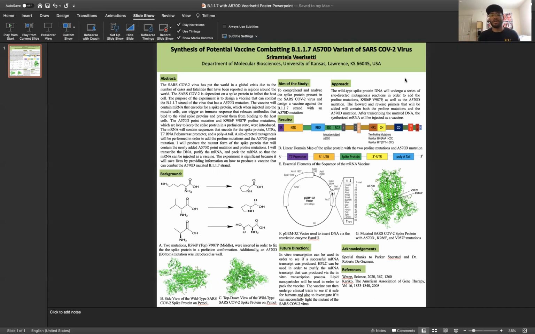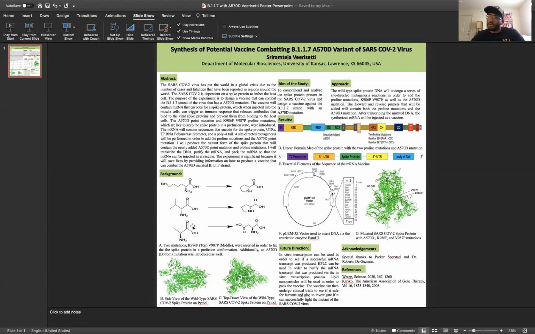It's very important that we synthesize a very efficient vaccine to combat this strain of virus because it's taken so many lives across the world. And it's important that we use this research to help look into different avenues in fighting other variants of the COVID-19 strain as well.